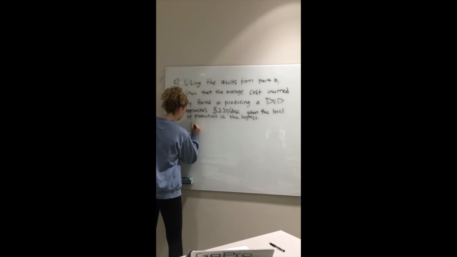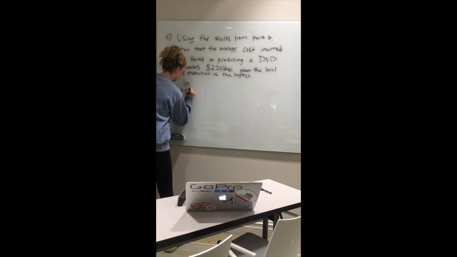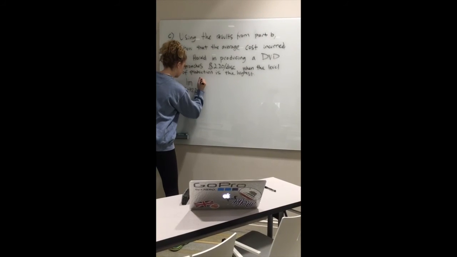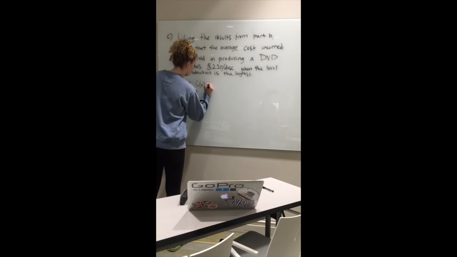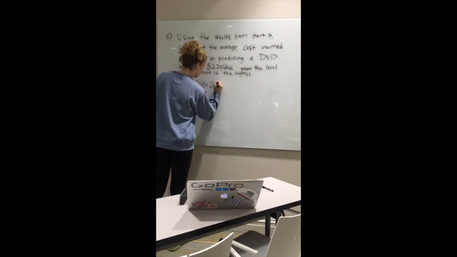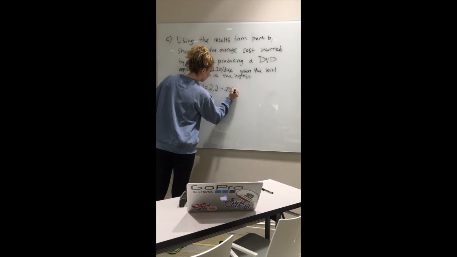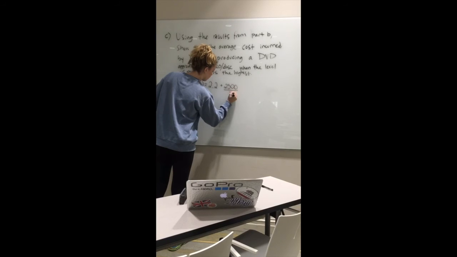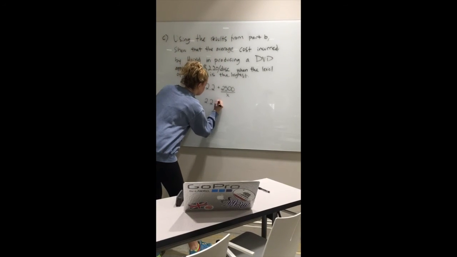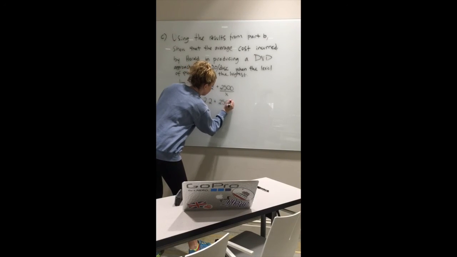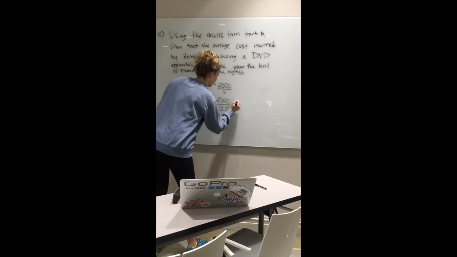So for part C, we're going to take our average cost equation from part B and use it to find the answer to this part. In order to do that, we're actually going to use a limit. So when you see as it approaches $2.2 a disc, that's a hint to use a limit. So we can set it up as the limit as x approaches the value, equals our average cost.